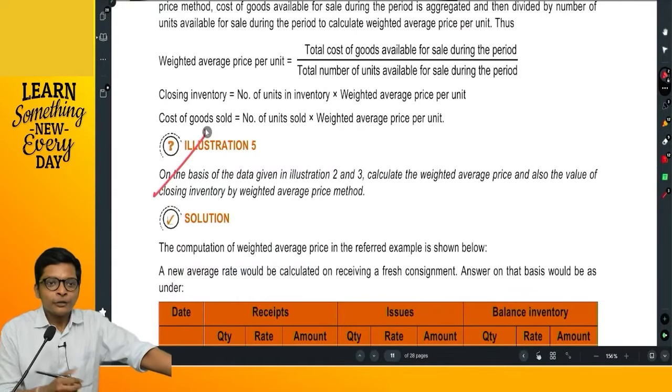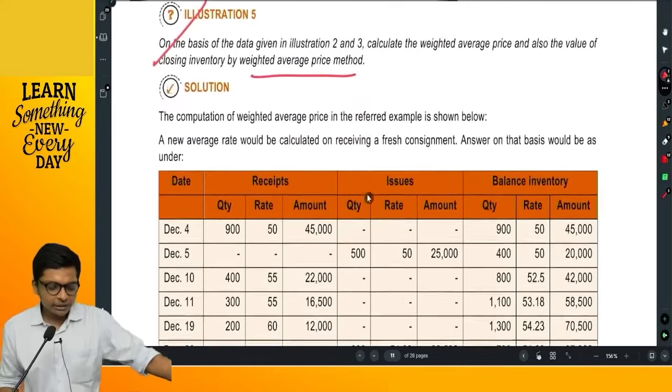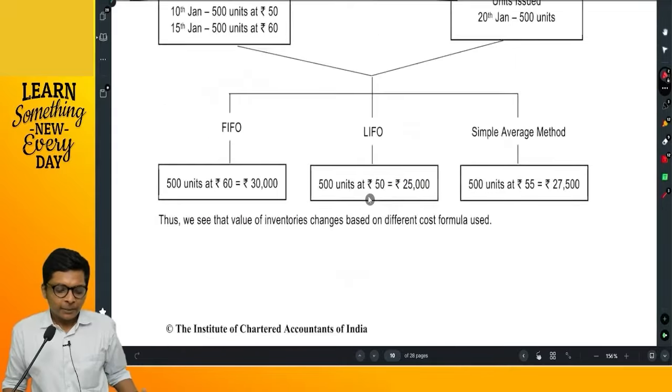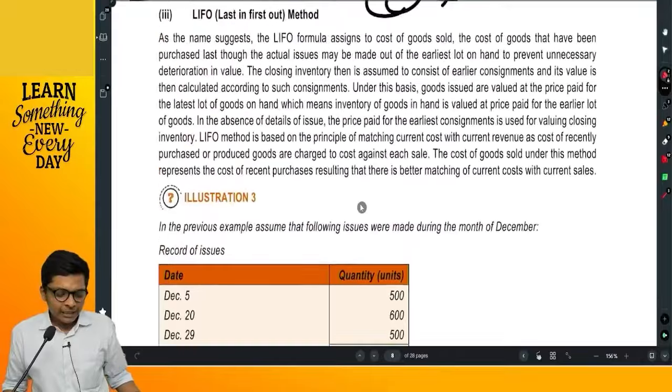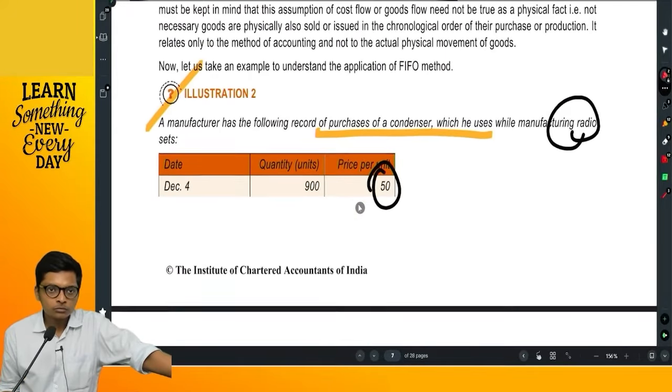Illustration 5, guys. Using the above values, he is asking you to find the average using the weighted average method. Hold on, we have to do this for each purchase separately. But can you tell me, in the LIFO method, what is the answer for illustration 2? FIFO or opposite?